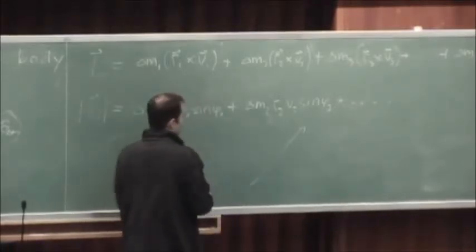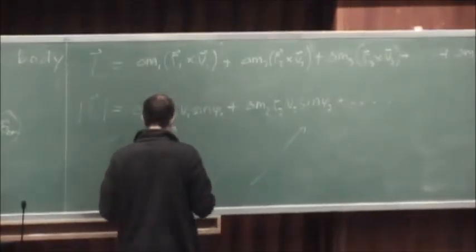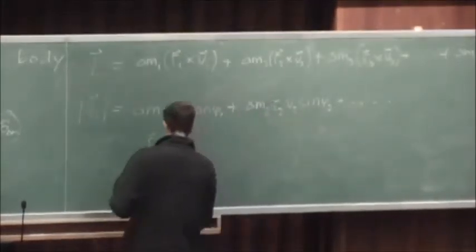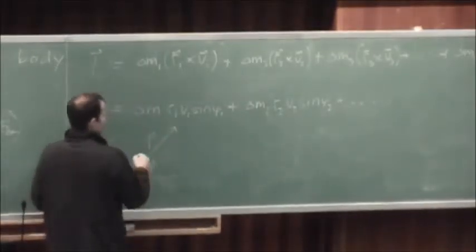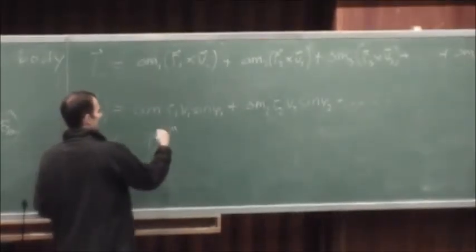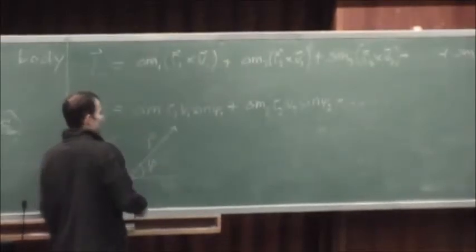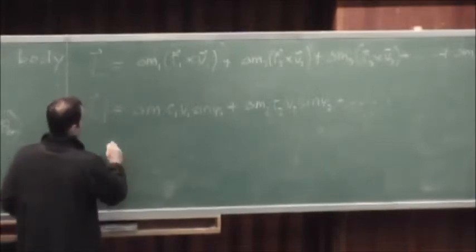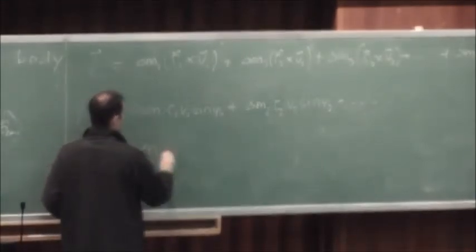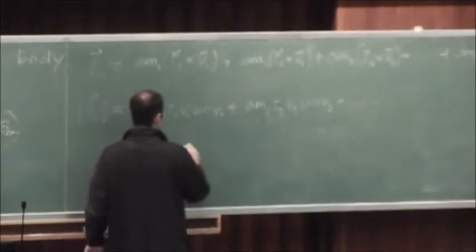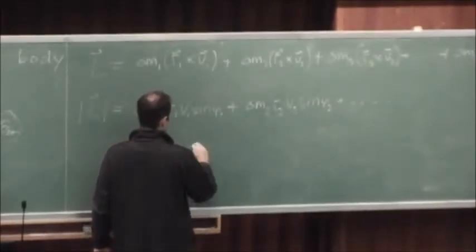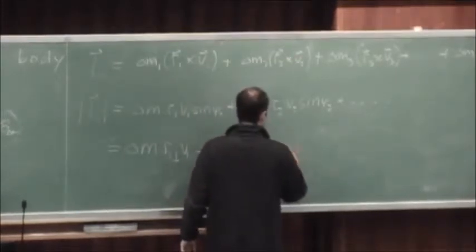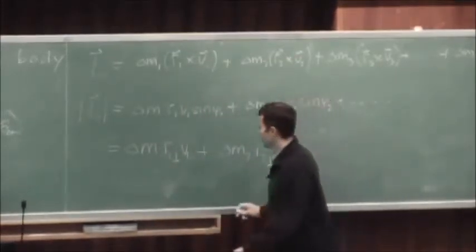I simply am going to take the component of the radius vector that is perpendicular to this rotation of motion. So this allows us to do something that's very nice, which is that we end up saying this is delta M1, R1 perp, V1, plus delta M2, R2 perp, and so on and so forth.